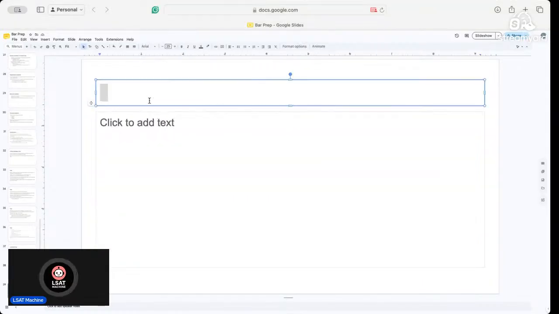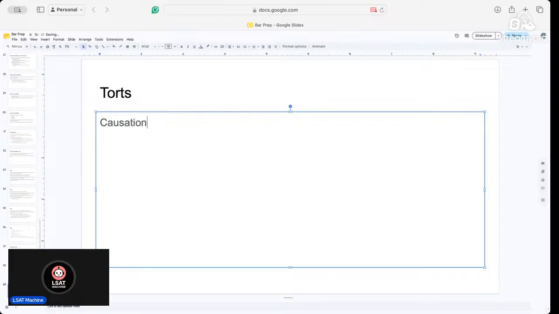My least favorite, oh my gosh, I hate this topic in torts, is causation. I hate this in torts and in crim. And I kind of think of torts as like criminal law and civil. That's not exactly right, but for a lot of torts, there's an equivalent crime too.